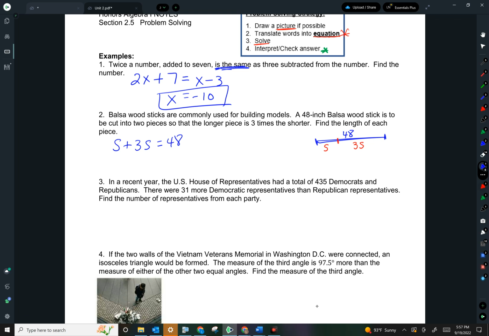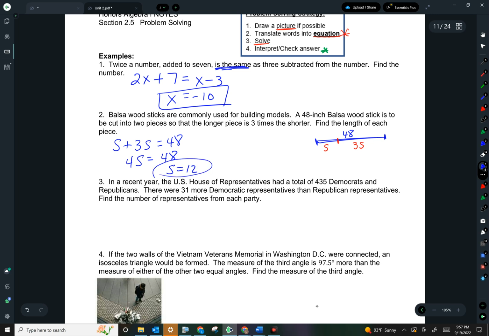Okay, I have an equation. I drew a picture that helped me come up with an equation, and now I can solve for S. S plus 3S is 4S equals 48. If I divide by 4, I get S equals 12.